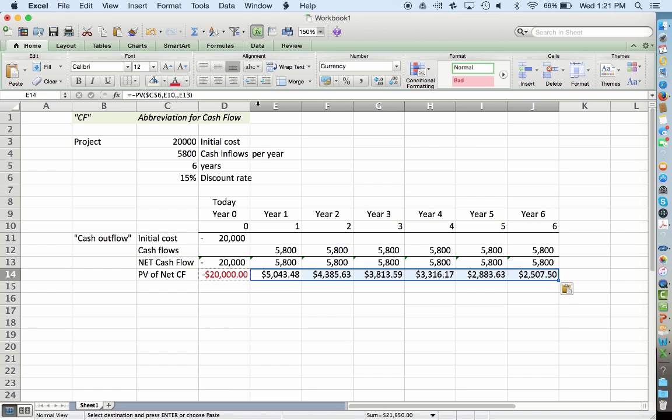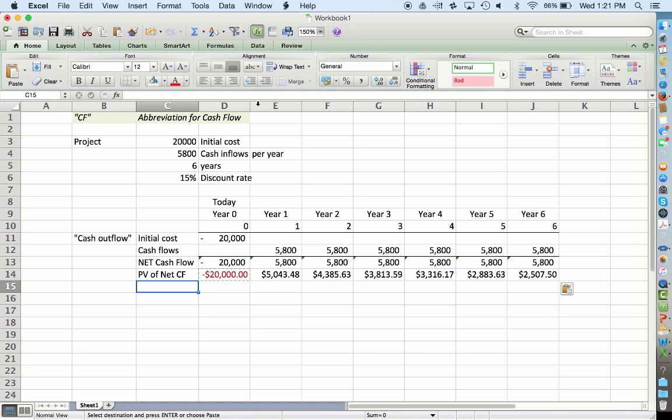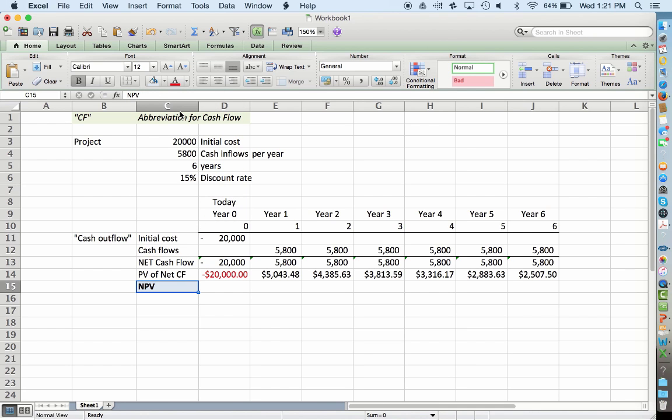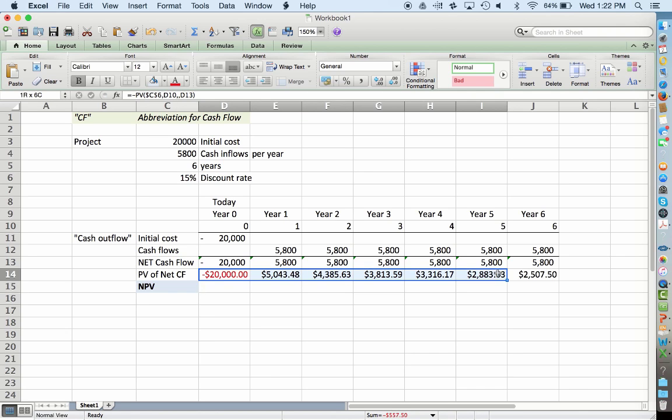My next step is to do a couple things. One is I want to calculate the net present value. That's one of our investment criteria. So the net present value, what I do is I sum the cash flows, but I sum the present value of the cash flows. So there's no fancy formula, equals sum.